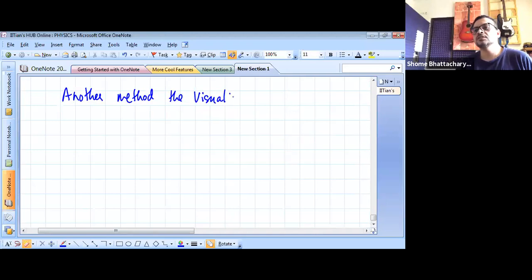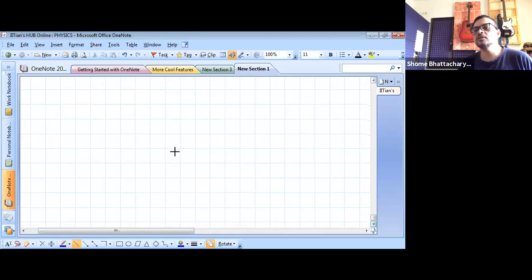Another way to visualize 3D coordinate axis. Just imagine you have a rectangular box, a cuboidal kind of box, like this.